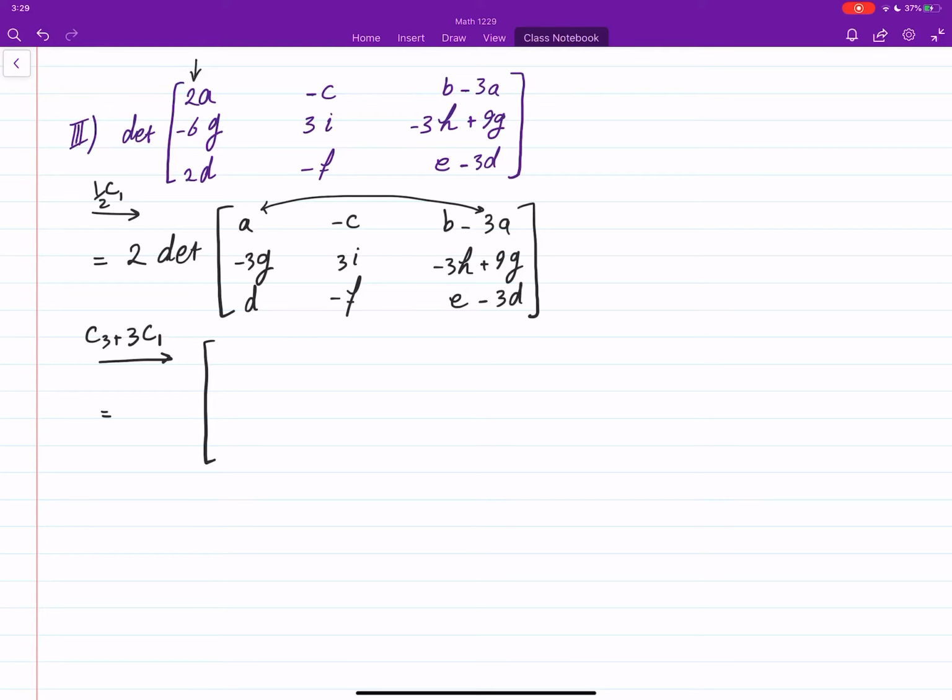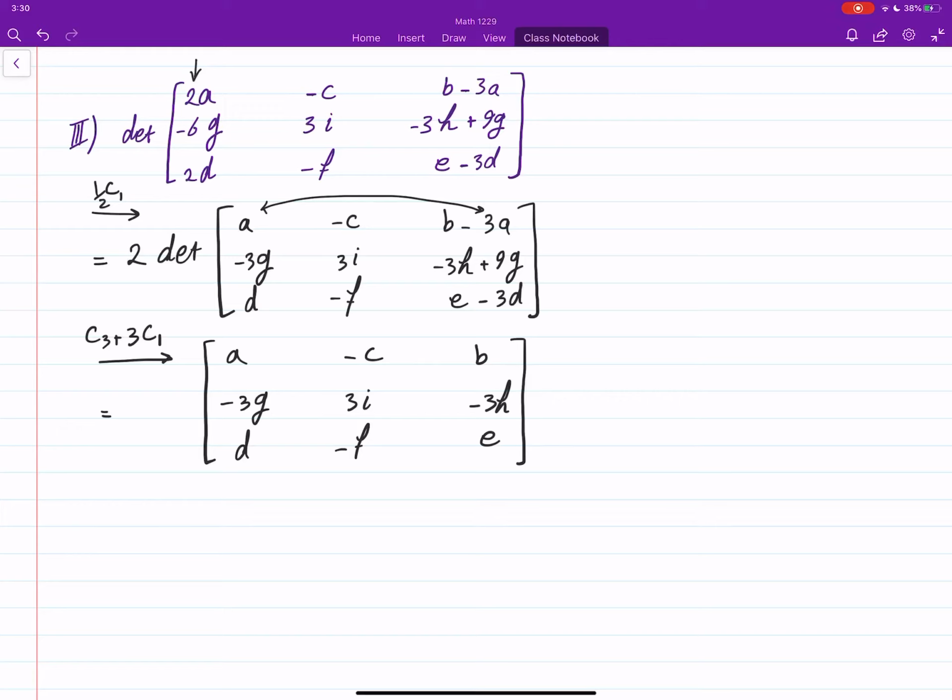As you notice, this will be minus 3A plus 3A, will be B minus 3H and E. So this will be what we have, negative 3G, 3I, and A minus C, D minus F.